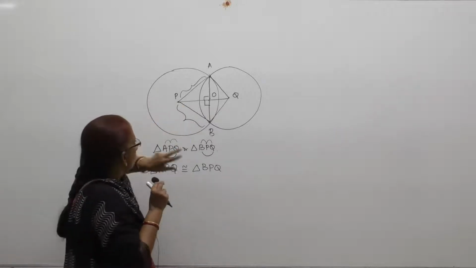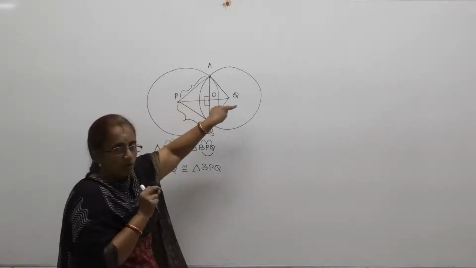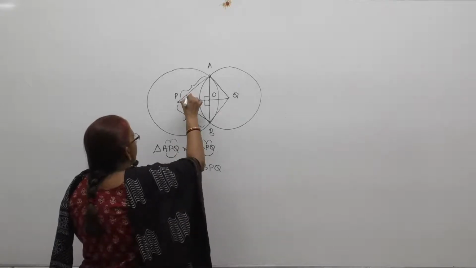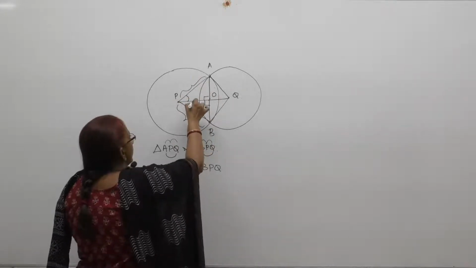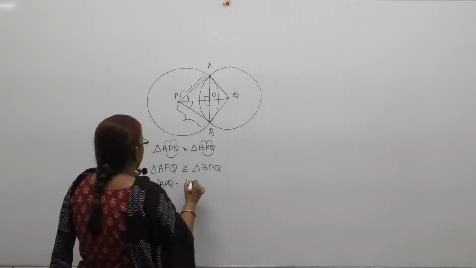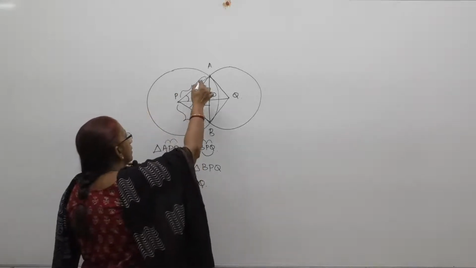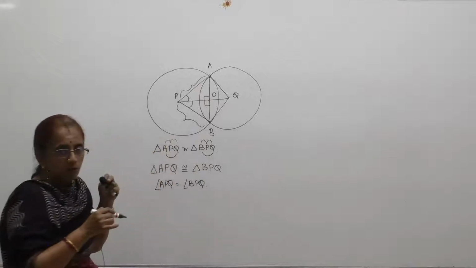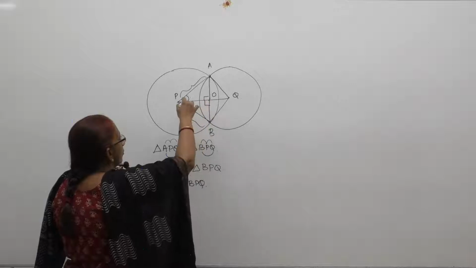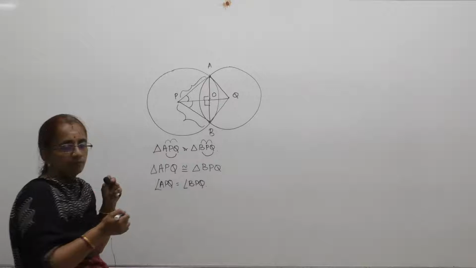That's all is known. So what we are first doing is to prove that triangle APQ and triangle BPQ are congruent. Using this, the CPCT for this, we can say that angle APQ equals angle BPQ, isn't it? So when these two angles become equal, now if you consider triangle APO and triangle BPO, you can see that angle APO equals angle BPO, and then you have the sides AP and PB, and then you have the common side PO, right?